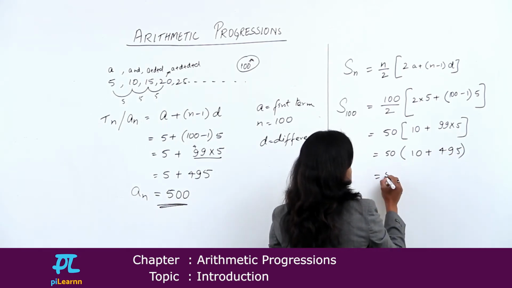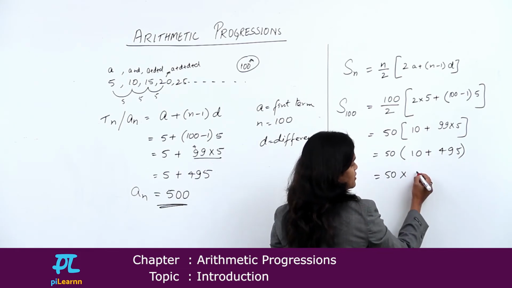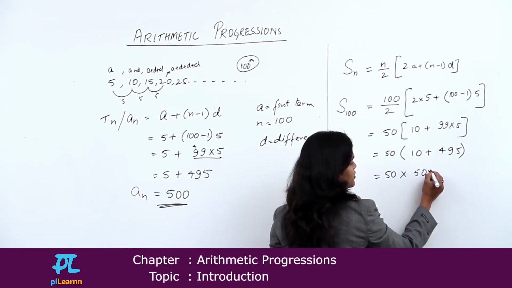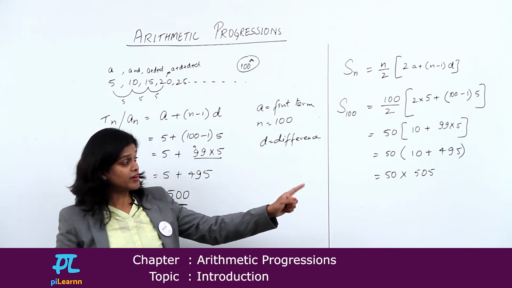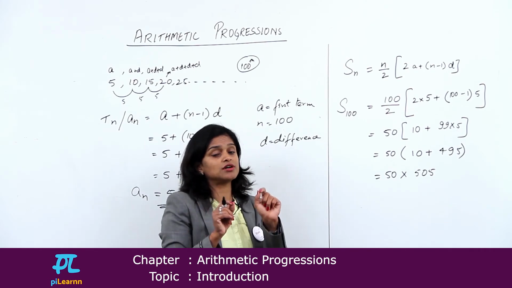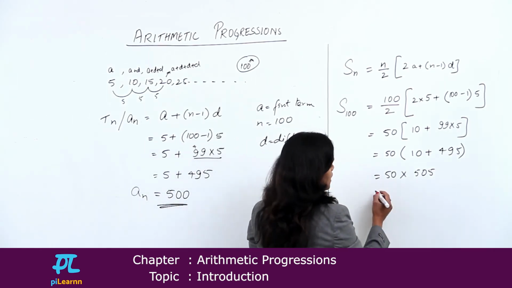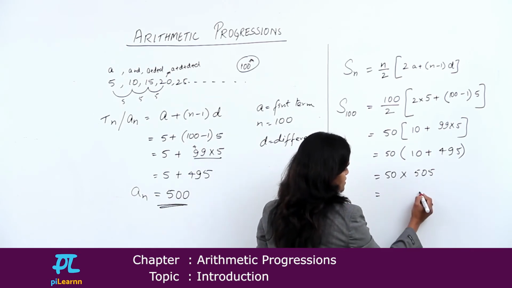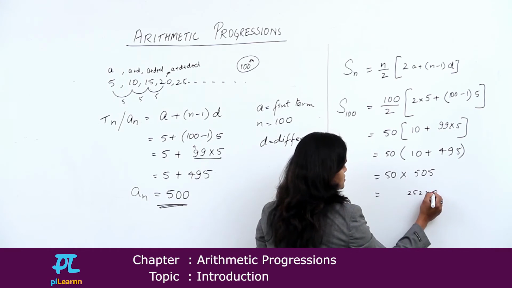So this becomes 50 into 495 plus 10. So this becomes 505. Fine. 10 plus 495. Be very careful in small additions and subtractions, because that's the place where you go wrong. Okay. Now I'll multiply. 5 5s are 25. Again 5 5s are 25 and 0.